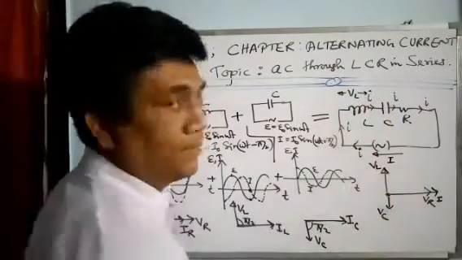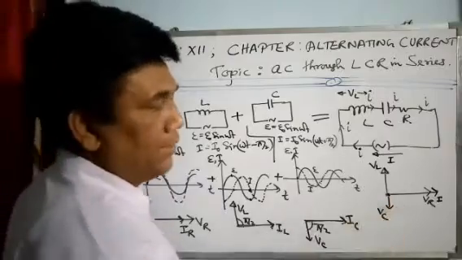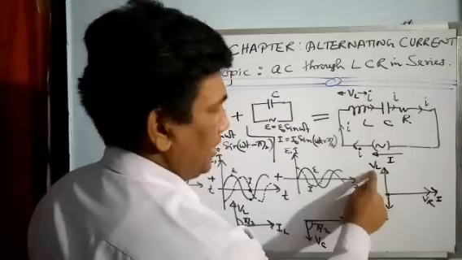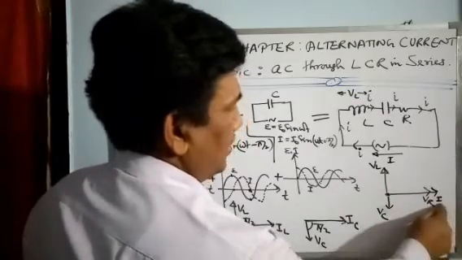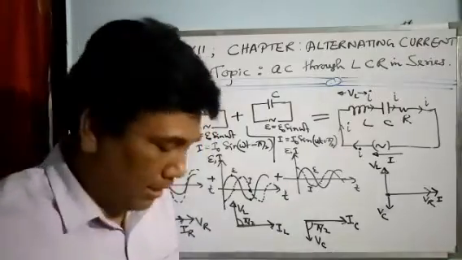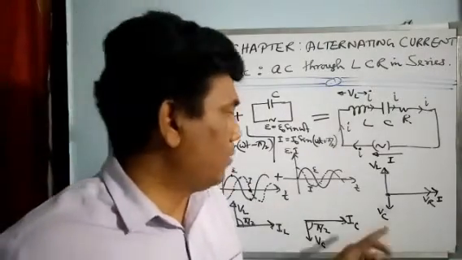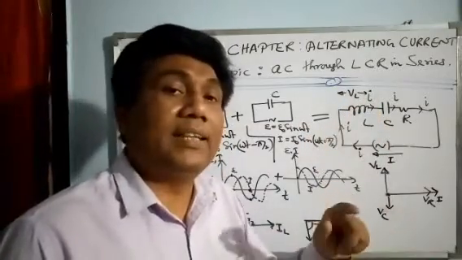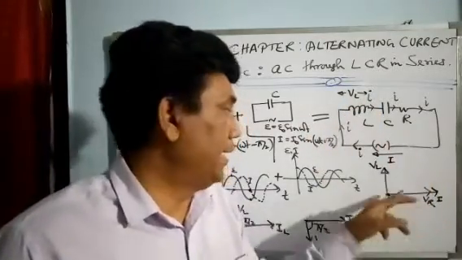Voltage and current, what is the phase difference? Look at the figure, you can answer it. This is 90 degrees, because this is the voltage across the inductor and this is the current through the circuit. It may be IC, it may be IL. So that is pi by 2. Which one is leading? Yes, voltage is leading the current by an angle pi by 2.